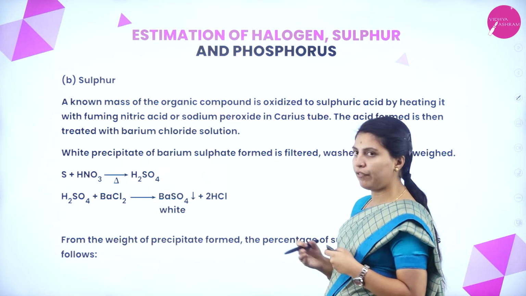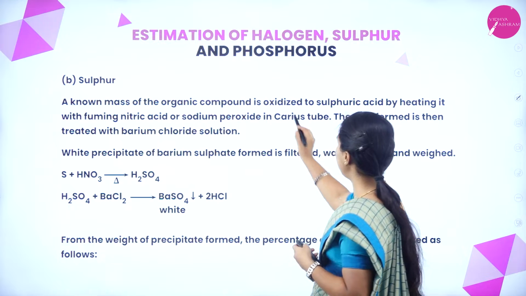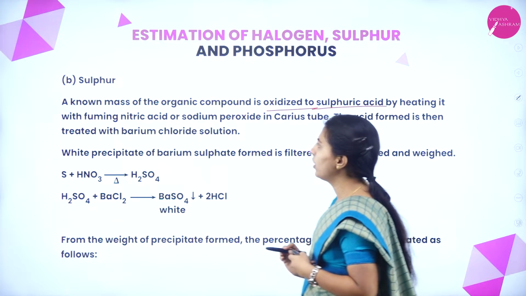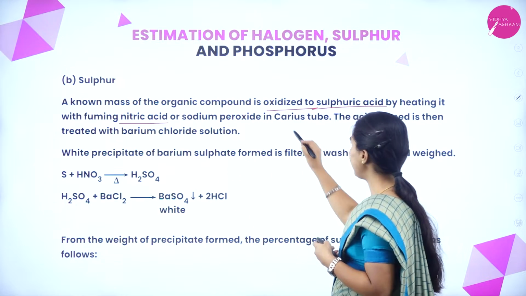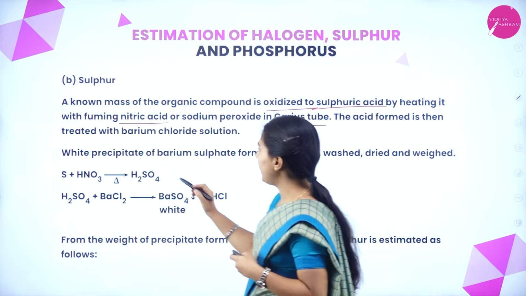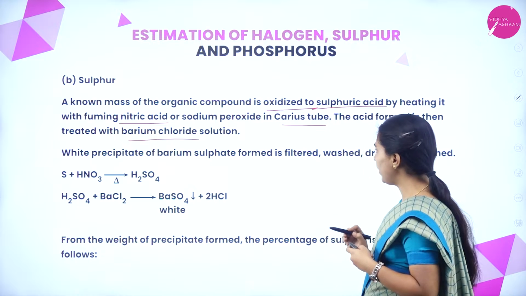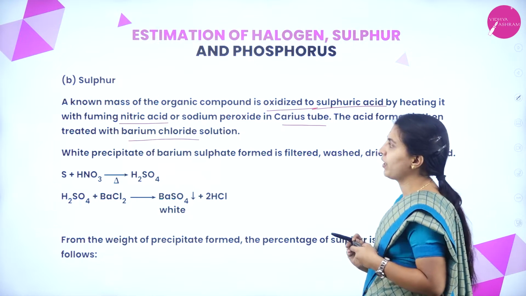Next one, sulfur. A known mass of organic compound is oxidized to sulfuric acid by heating it with fuming nitric acid or sodium peroxide in Carius tube. The acid formed is then treated with barium chloride solution. White precipitate of barium sulfate formed is filtered, washed, dried and weighed.